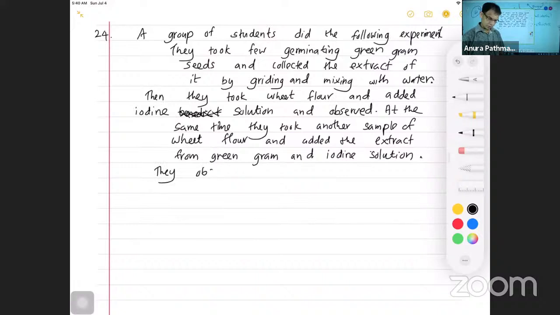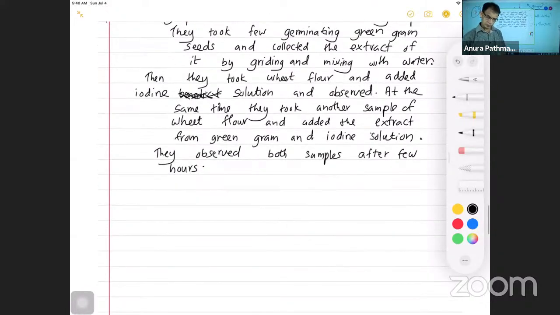They observed both samples after few hours. My question now, number one.